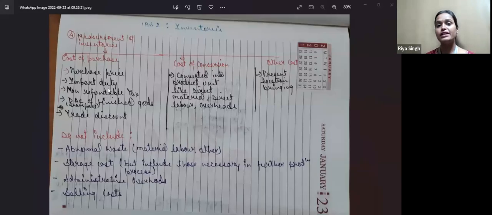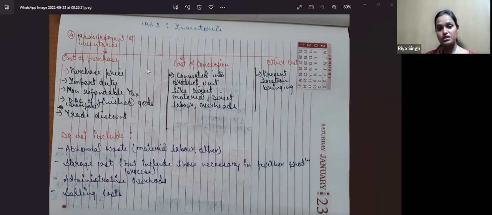What are the costs we are going to involve in the calculation of the total cost of the inventory? So the very first cost will be the cost of purchase. Now in this cost of purchase, what are the amounts we are going to take? Everything we have to add all together, then only we will get the cost of the inventory.